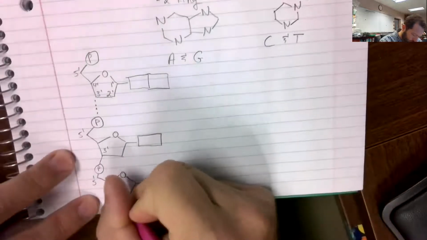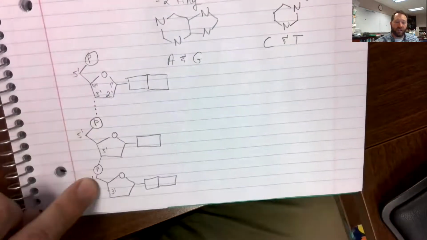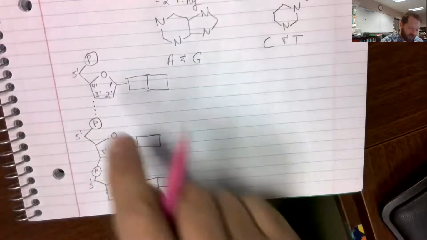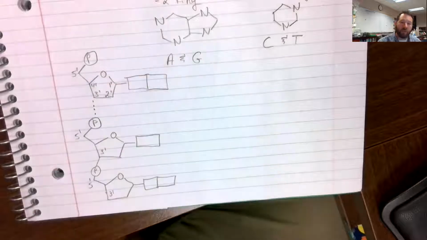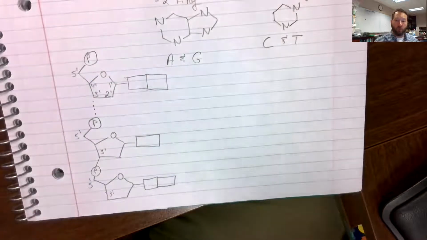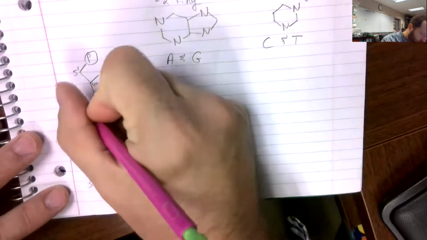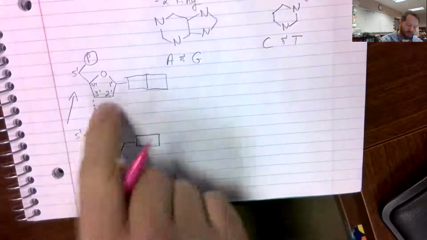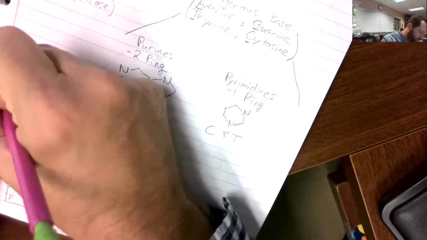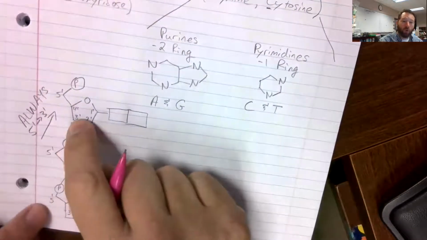All right, so here we have 3 nucleotides, and they're all linked together. And here's why knowing that numbering system is so very, very important. We can only link them in this direction. 5' to 3'. It's the only way it works.